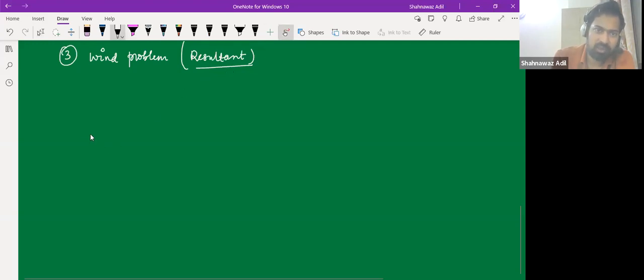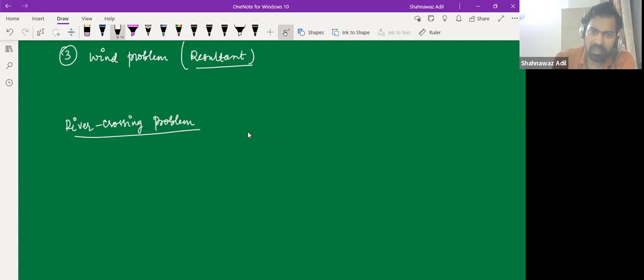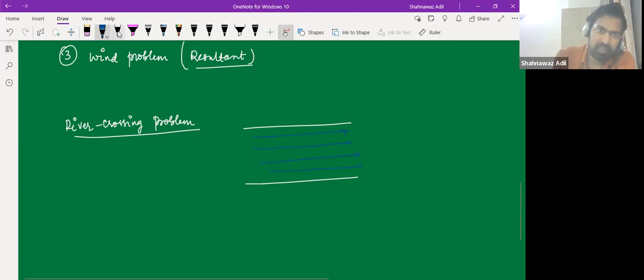In this river crossing problem, we will have three scenarios. One would be that we have this river, and this is how the flow goes, and then there would be this swimmer who will try to cross this bank, right?